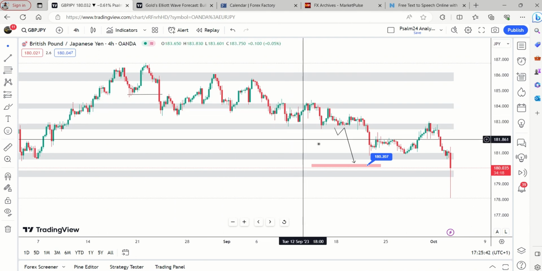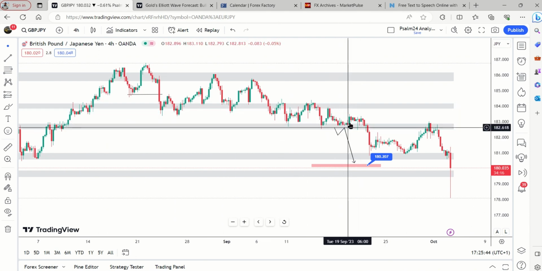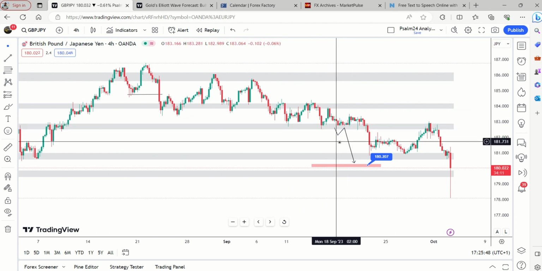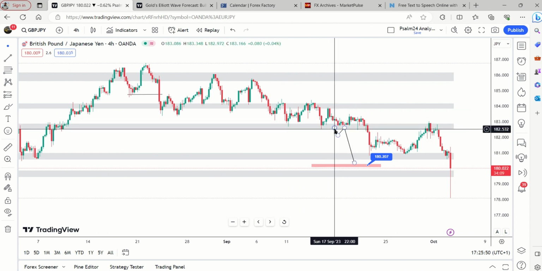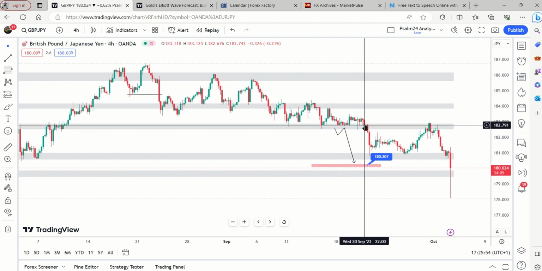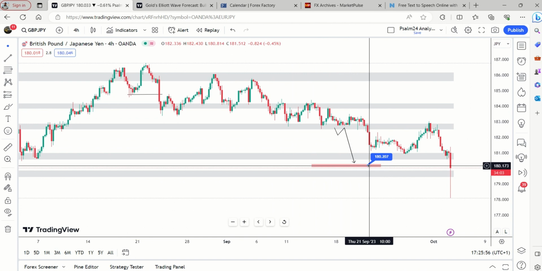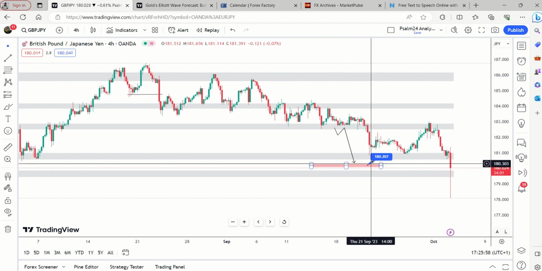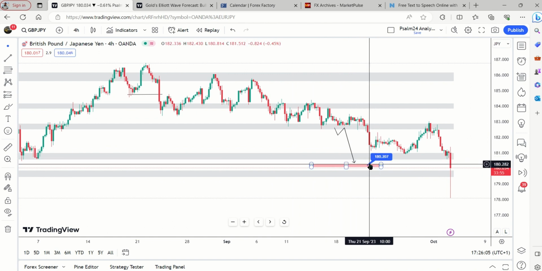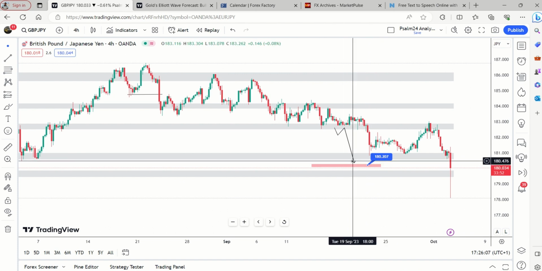You will recall that the market was here when the analysis was done, and we forecasted that the market was going to break this support zone and come to the 180.207 region. That was the target.